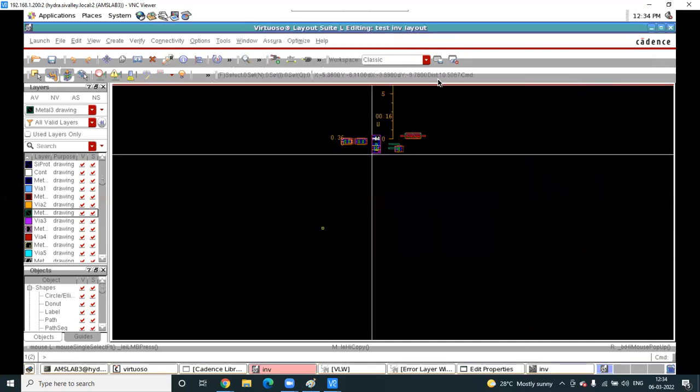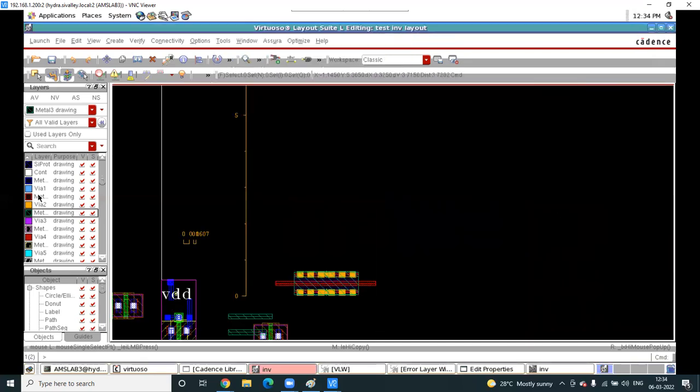Okay, so you want to see metal stack. Metal stack means metal over another metal. So this is M2.